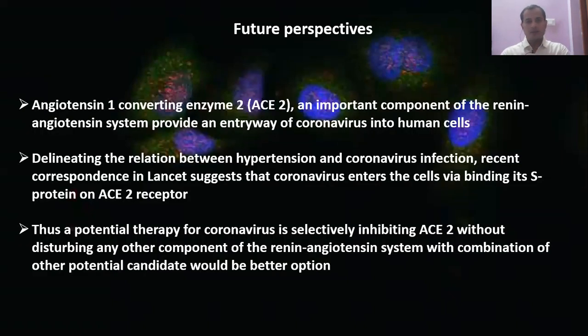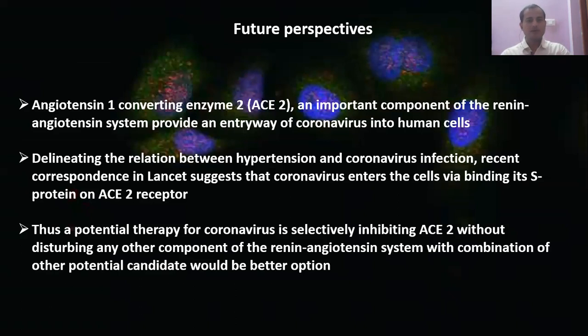What are the future perspectives, especially for COVID-19? Angiotensin-converting enzyme, ACE2, is an important component of the angiotensin system, which provides an entryway of coronavirus into human cells, and delineates the relation between hypertension and coronavirus infection.